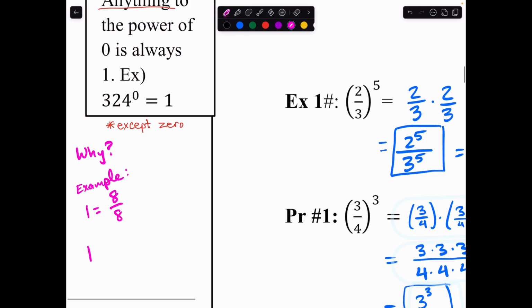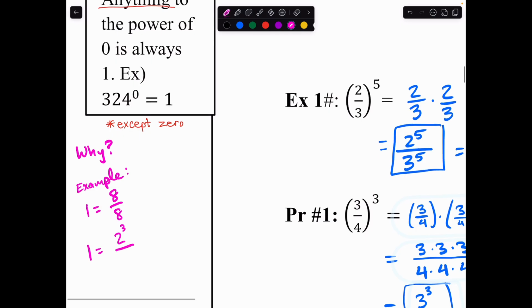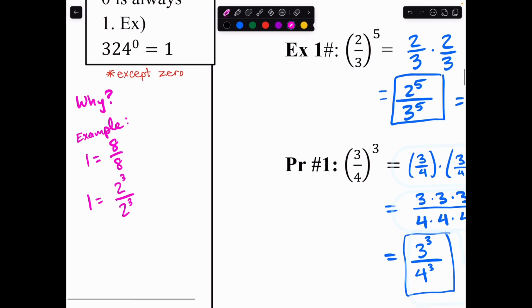I could say 1 is 2 to the third power over 2 to the third power. You can double check. 2 times 2 is 4 times a third 2 would be 8, right? But from there, wouldn't that be saying that 1 is 2 to the power of 3 minus 3? According to our quotient rule, right?